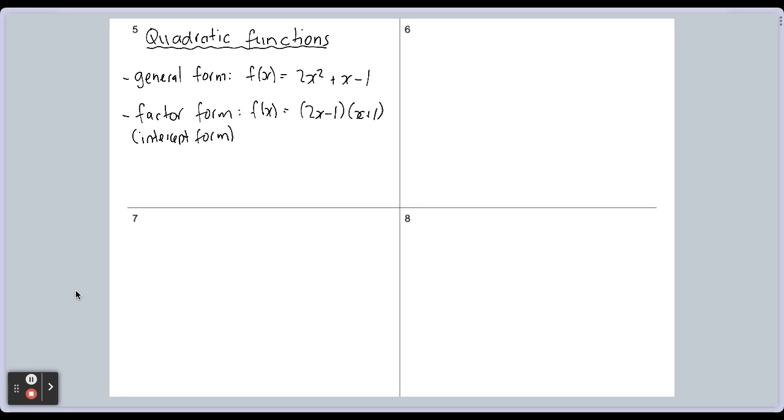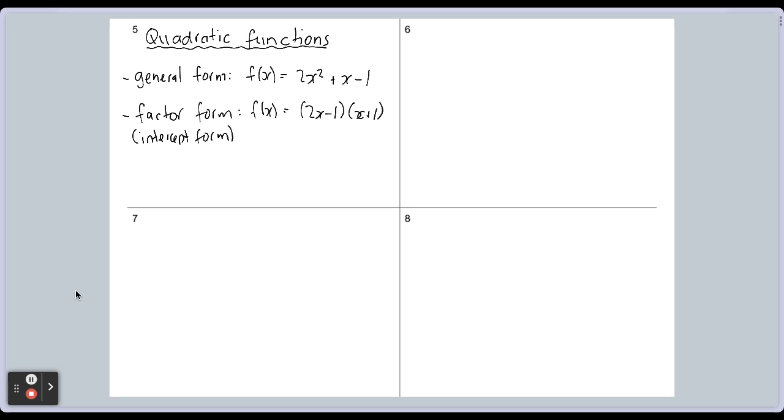So you start with TP form and then go from there. Or you're given something like this.